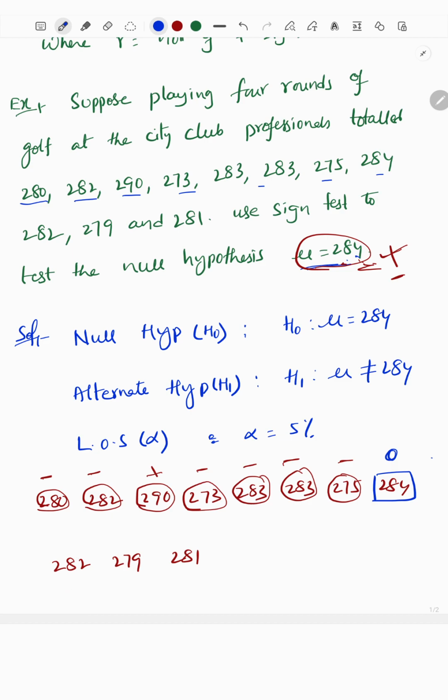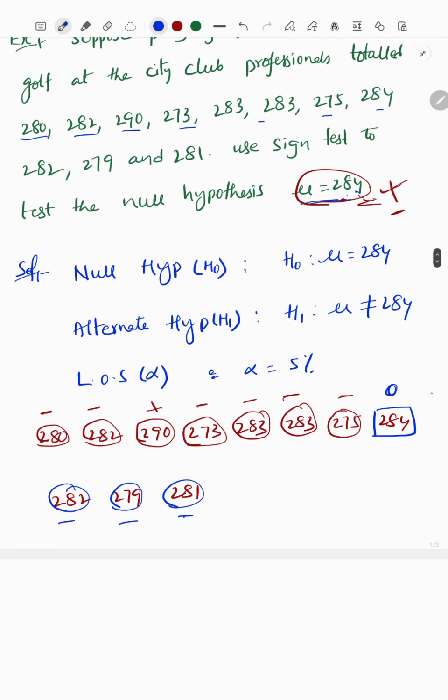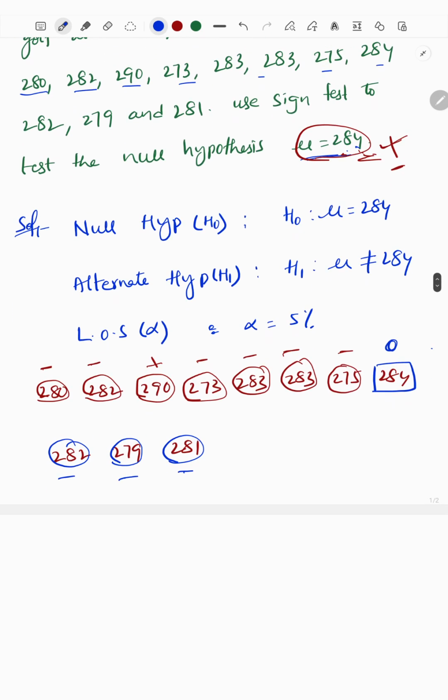Now coming to 282, minus. 279 minus, 281 minus. So after observing this, how many plus symbols are there? Only one. So the number of plus values is equal to 1. That is, r is equal to 1.